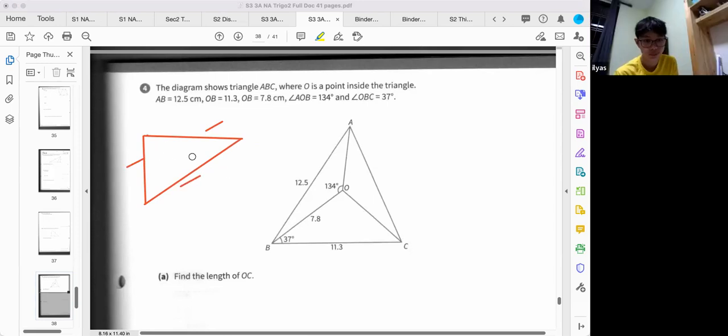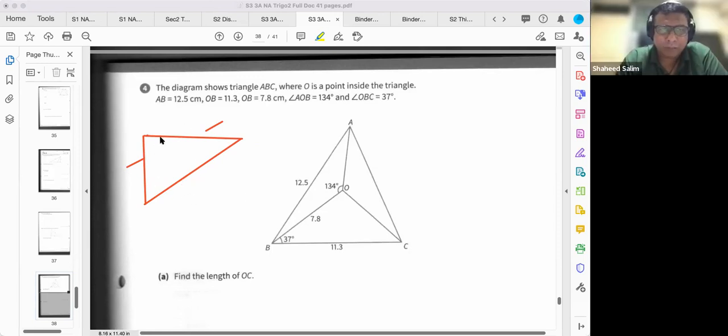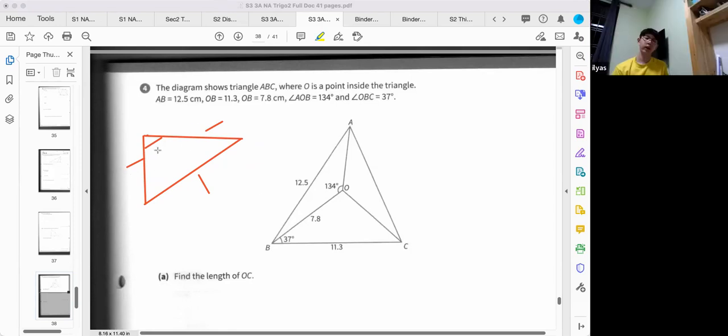Okay. Yeah. If you have now, let's say these two sides plus the angle in between, you can find the opposite side using cosine rule. The cosine rule is now, if you have three sides, you can find any angle. Yeah. Okay. Sorry.